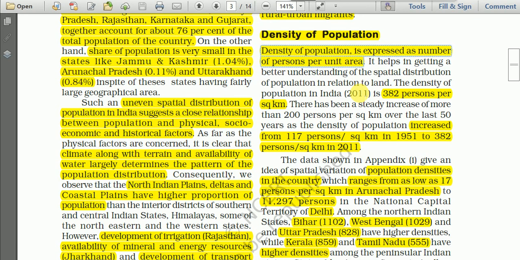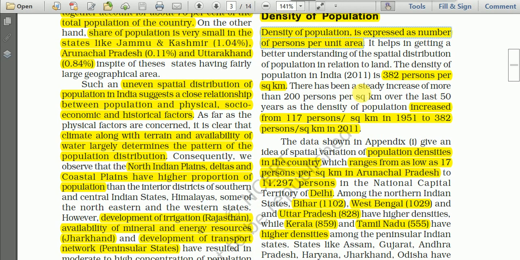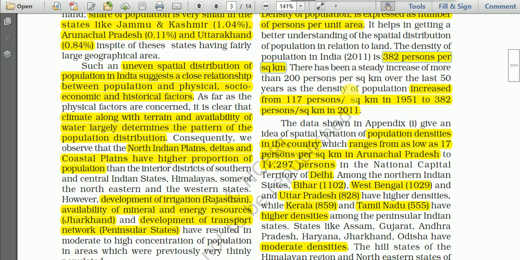The average population density of India according to the 2011 census is 382 persons per square kilometer.